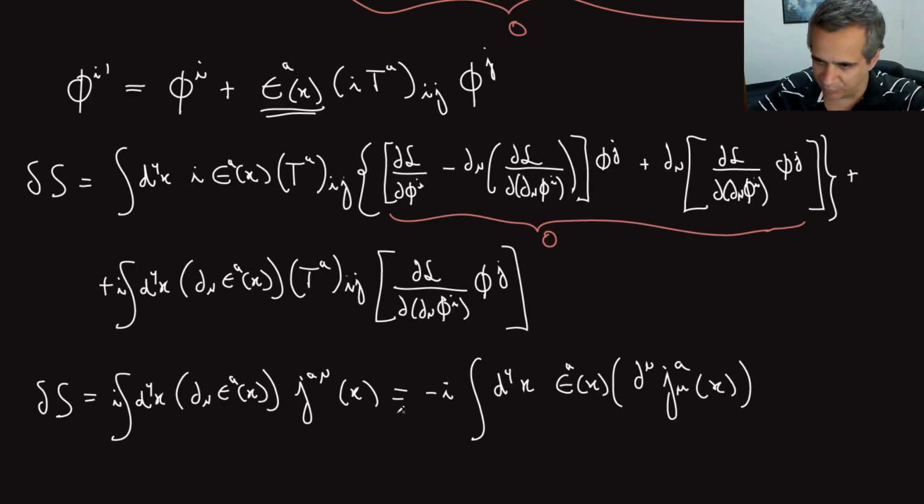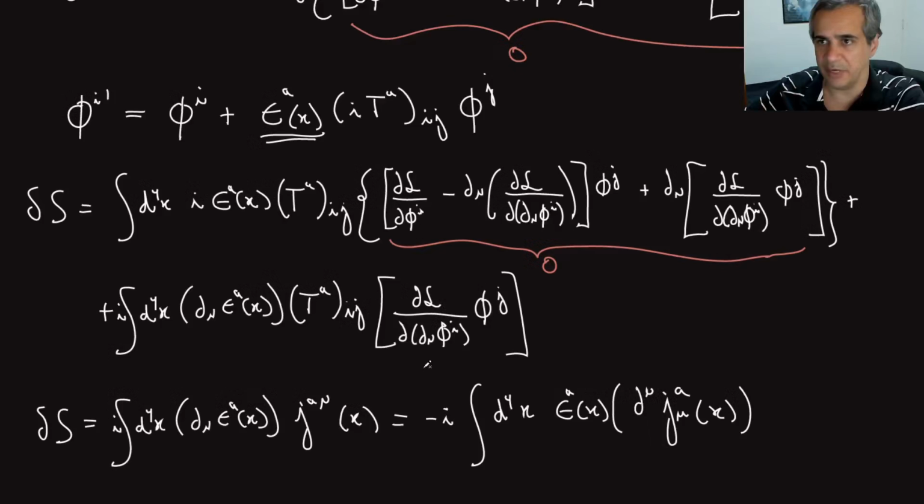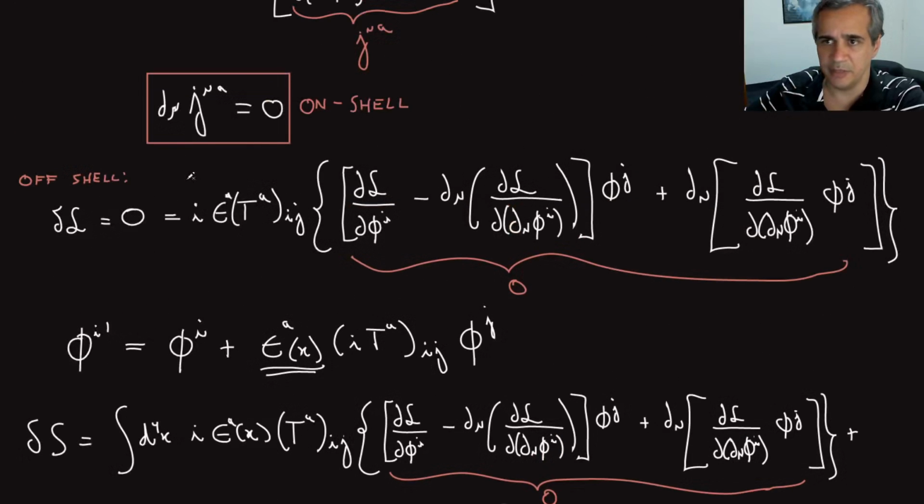This last step, of course, is only valid. There's a surface term, right? And I'm assuming epsilon is quite arbitrary. It's the parameter of transformation I'm using. I'm assuming it goes to 0 at infinity, so I don't have to worry about surface terms, and I can show this. Now, what I want to use this for, so these are preliminaries, right? We have seen Noether's theorem, which is valid classically, right?